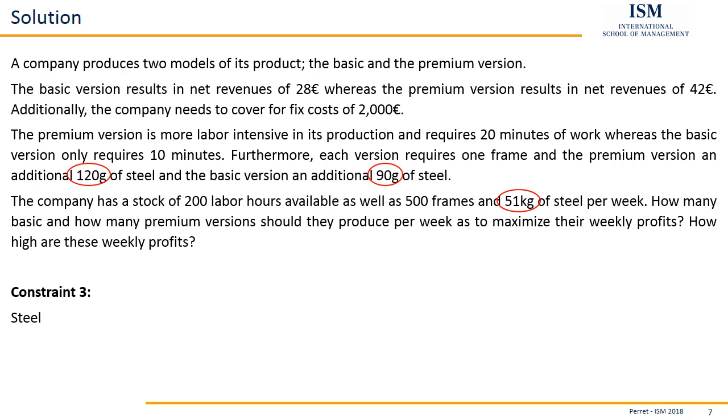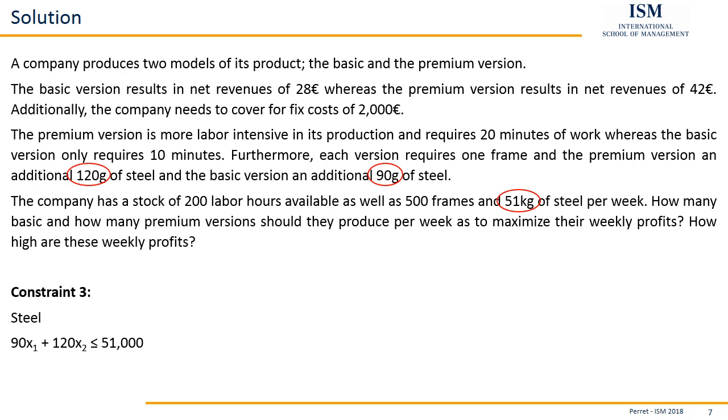But before we do this, let's just write down our constraint with the values from the text. So here it would read 90x1, because that's the requirement for our basic versions, plus 120x2, because that's the requirement for the premium version. This needs to be smaller than 51,000, because, as I mentioned, 51 kilograms, and the requirements are in grams, so we need to transform kilograms into grams, so we multiply with 1000.